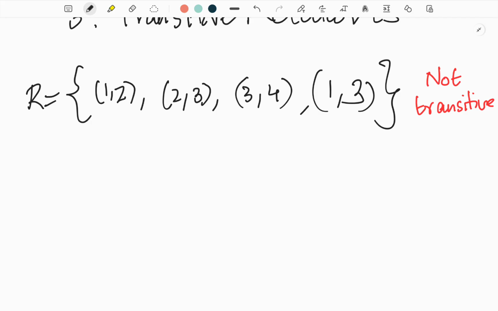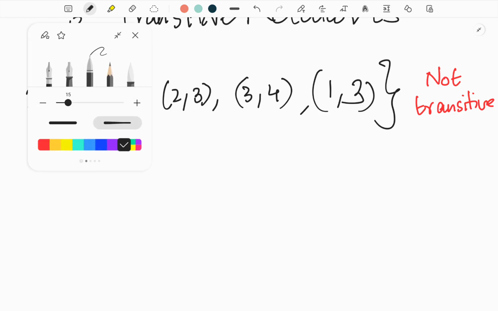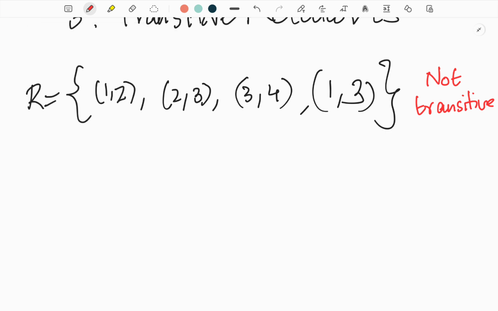So now think about it and see, why do you think this relation is not transitive? You can pause the video and think why this relation is not transitive by looking at the elements. So now let me tell you why. I will explain what is transitivity and then you will understand.